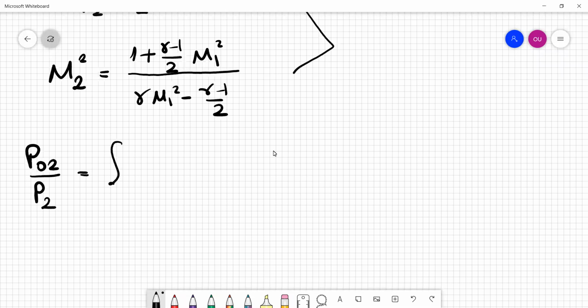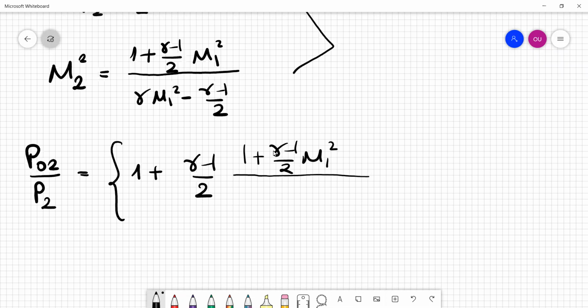So let me first write this down. This is going to be equal to 1 plus gamma minus 1 over 2 M2 square. So M2 square, I have it from the second equation, so let me write that one here: 1 plus gamma minus 1 over 2 M1 square divided by gamma M1 square minus gamma minus 1 over 2, to the power gamma over gamma minus 1.